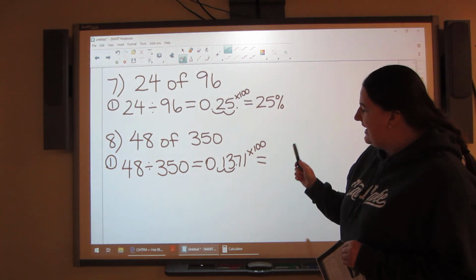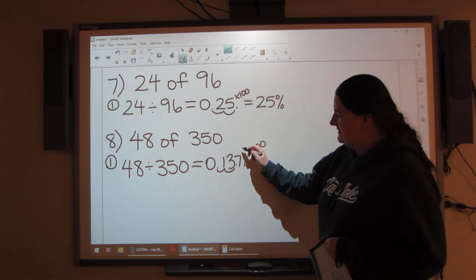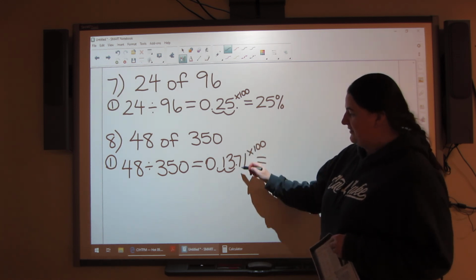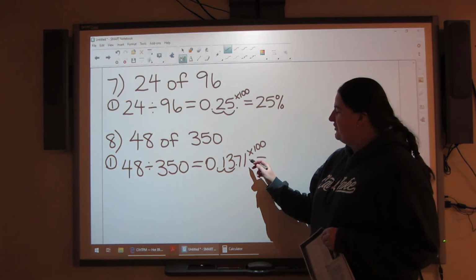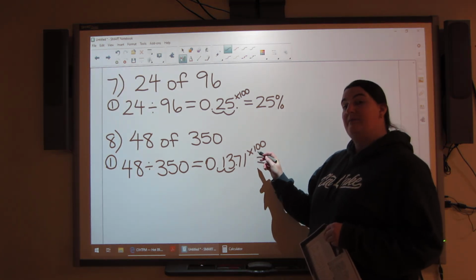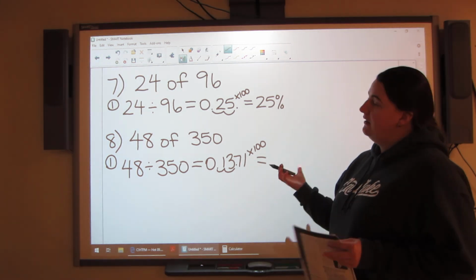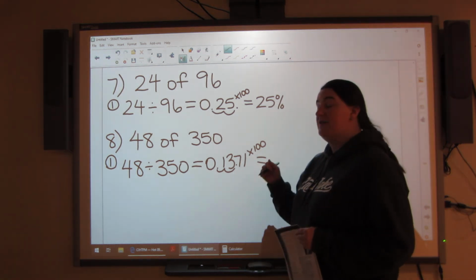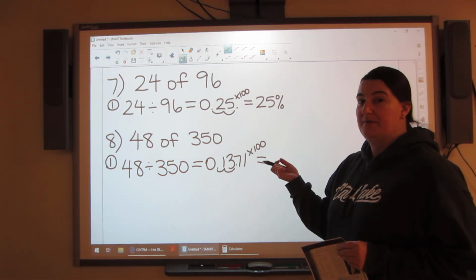The question asks you to find the percentage to the nearest tenth. That's, of course, the 7 is in the 10th column. So you look at the 1. Is the 1 big enough to change the 7 into an 8? No, the 1 is too small. The rounding rule is 5 or higher, round up.